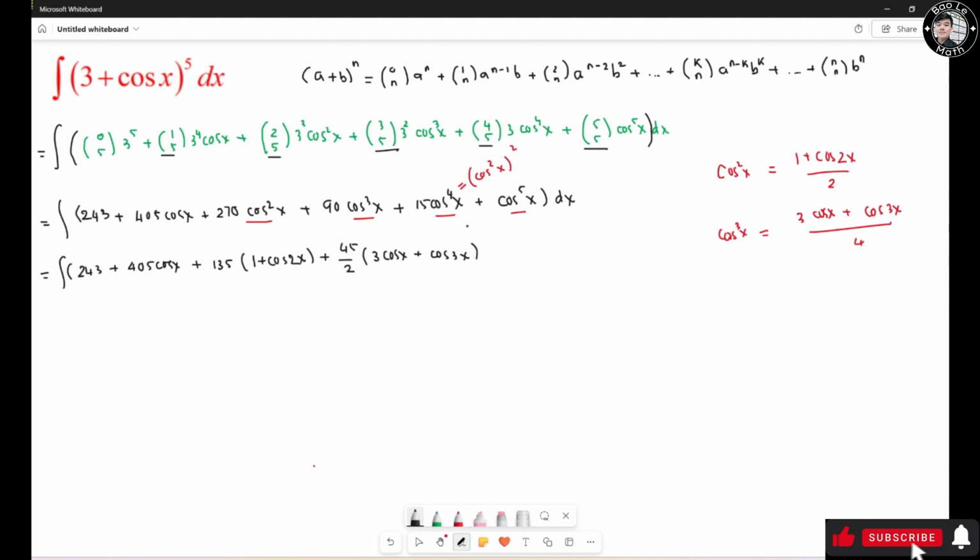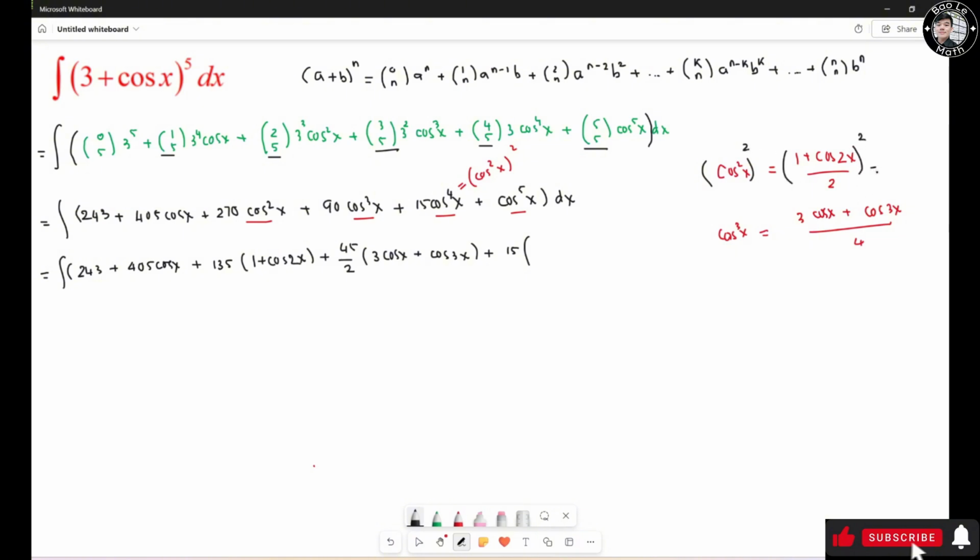Now, this guy right here turns out to be plus 15 times this guy right here, 1 plus cosine 2s over 2, right? So if I square this guy on both sides, this guy turns out to be squared, right?